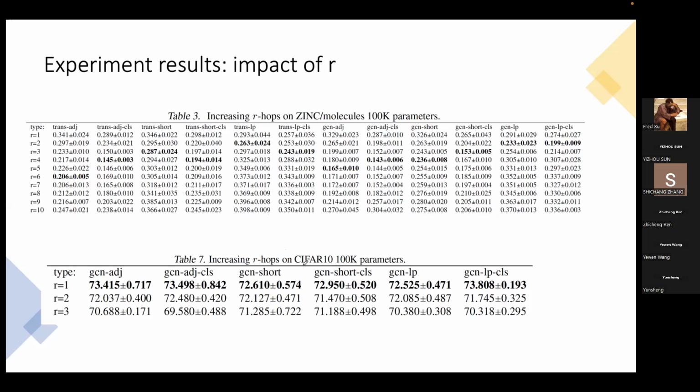For example, I think this is the graph CIFAR10 data. The information you need in your graph learning is perhaps only very local message passing. So the higher-order ones are not as useful as, for example, in the molecule and biological cases.